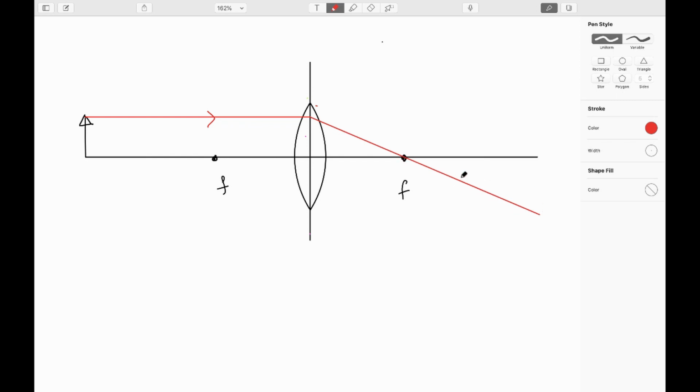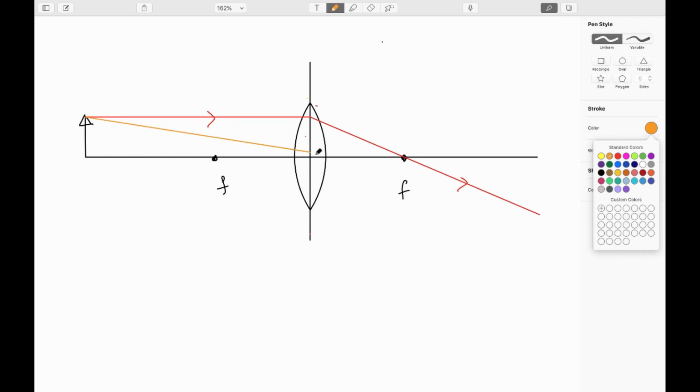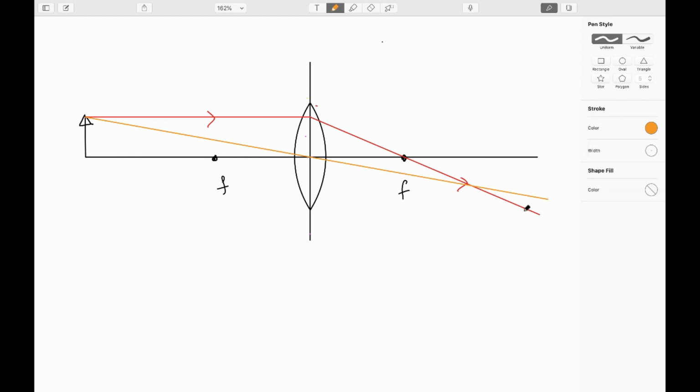The cartoon of the lens is only to remind us if it's converging or diverging. In the central ray, it turns out that a ray that shoots through the optical center of the lens does not get refracted very much at all. So in the thin lens approximation, we just pretend it doesn't get refracted at all.